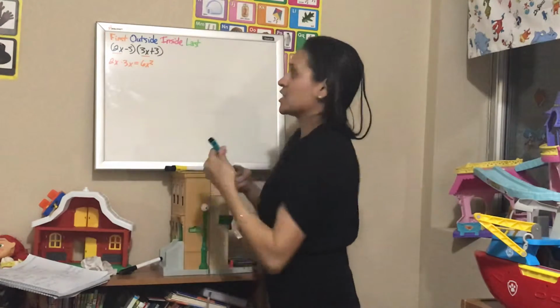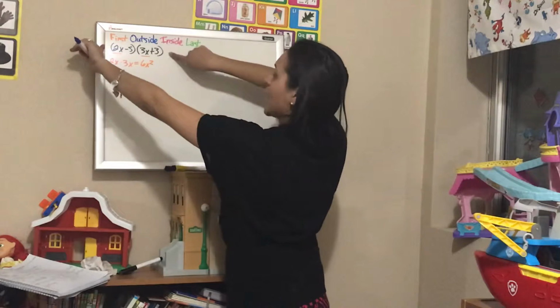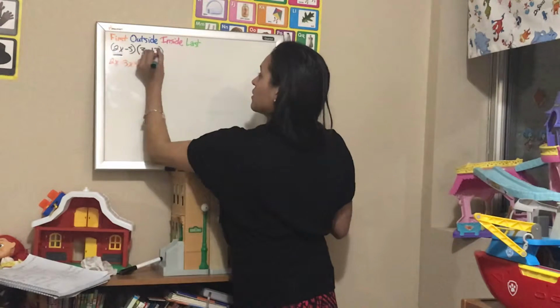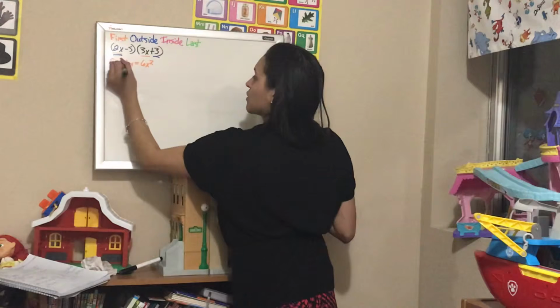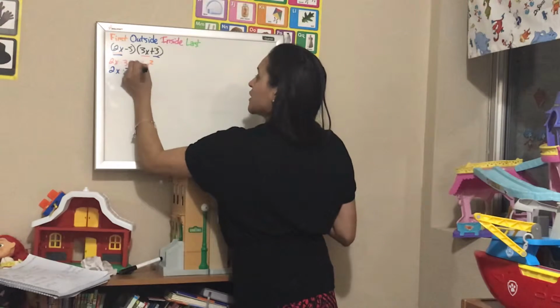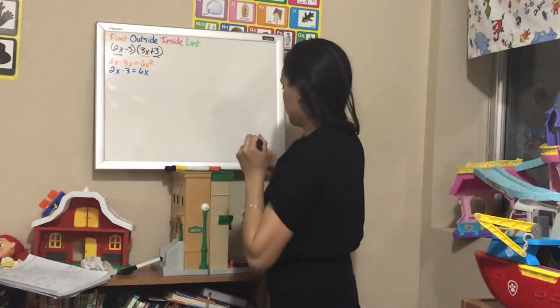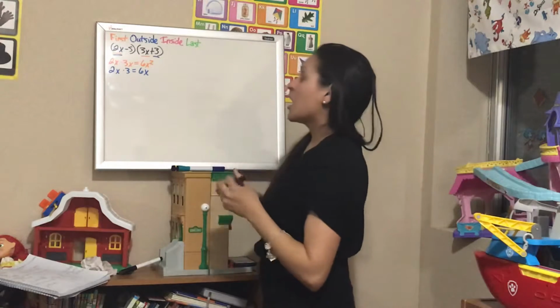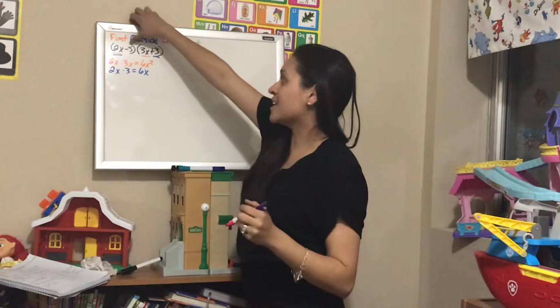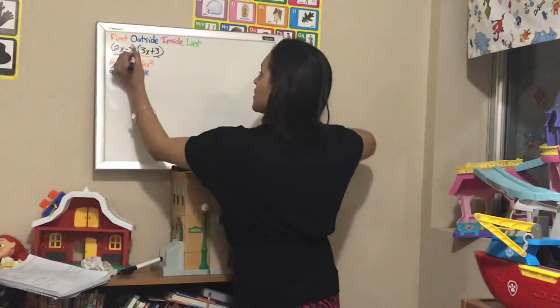Our outside terms are going to be 2x and 3. That's going to give us 6x. Our inside terms are going to be negative 5 and positive 3x.